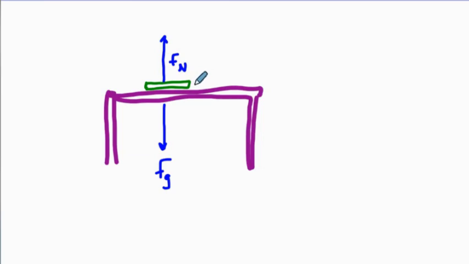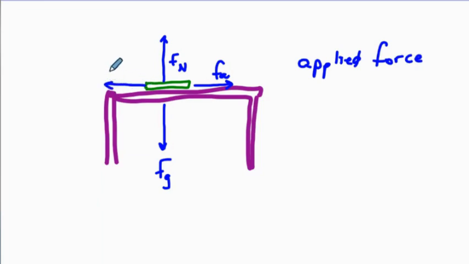What I then did is I used some kind of horizontal force on the book, and I'm going to call this A. This is an applied force. Applied meaning that I pushed it somehow, or pulled it. And then in the opposite direction we have this force of friction, which we previously talked about.